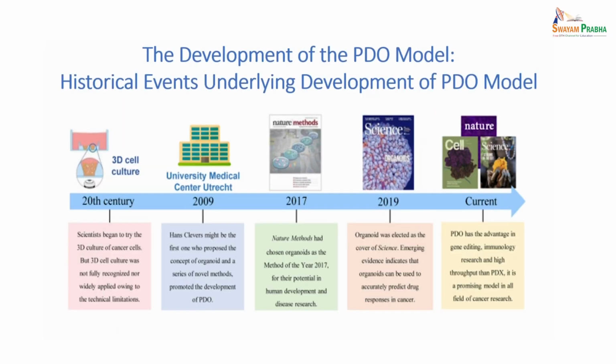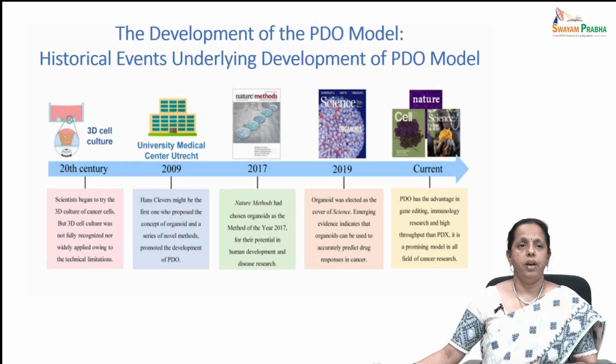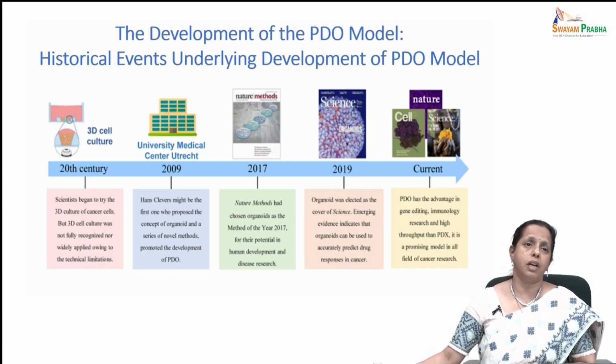So, here is a typical model of the patient-derived organoid, where the scientists from the 20th century, as I mentioned before, began to study the 3D culture of cancer cells. But 3D culture was not widely recognized or applied because of technical constraints, as I mentioned before.